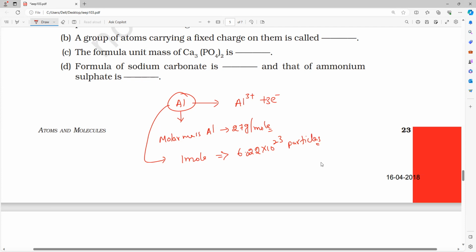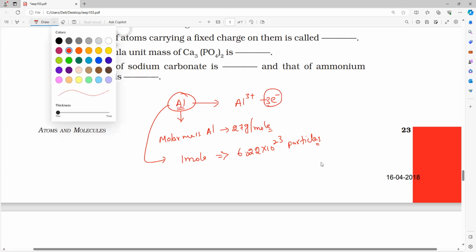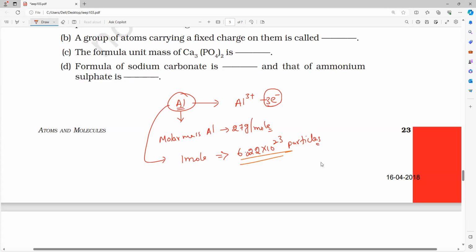Now, each aluminum atom loses how many electrons? 3 electrons. Means totally how many electrons will come out? Each aluminum atom loses 3 electrons, so the total number of electrons is equal to 3 into Avogadro number.